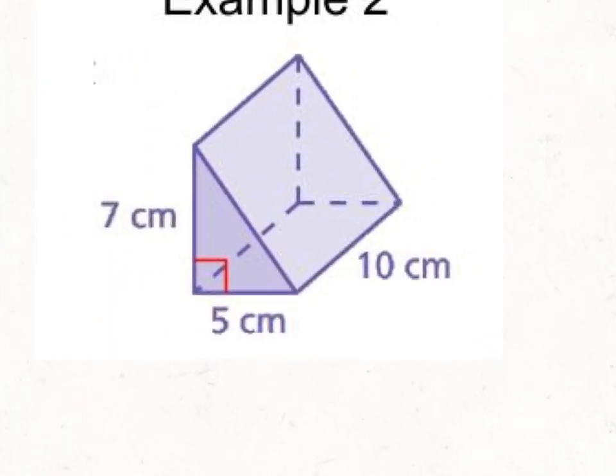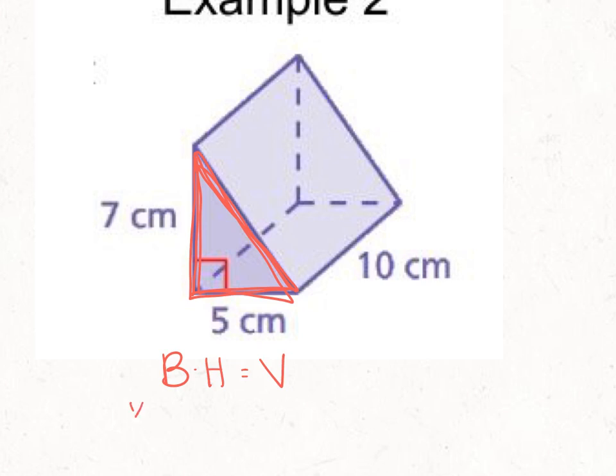On our second example, I have some faces that are rectangles, and then I have a face that's a triangle. That triangle has to be my base then. So my base times my height is still giving me my volume, but now when I find the area of my base, I'm doing 1/2 little b times little h.